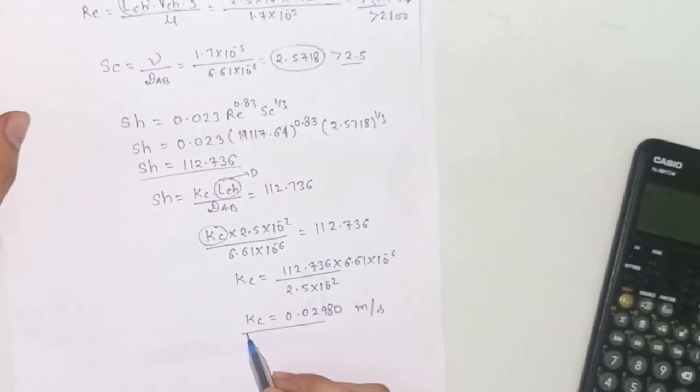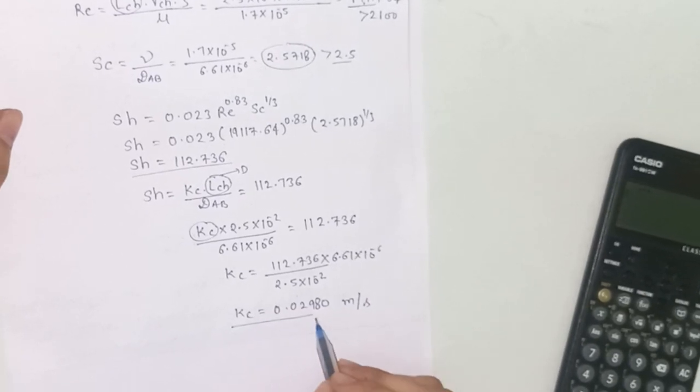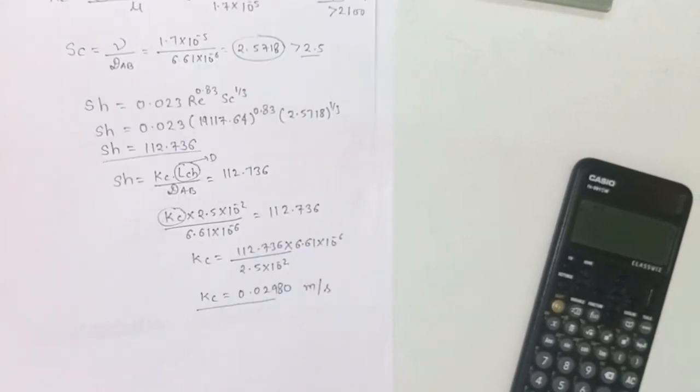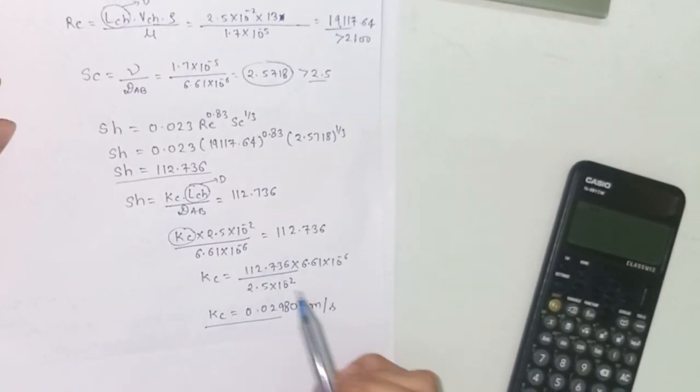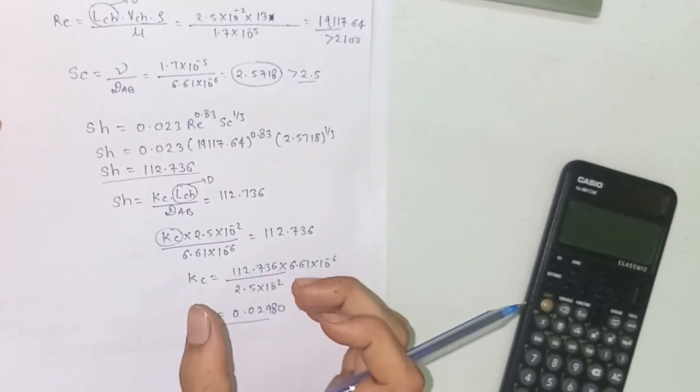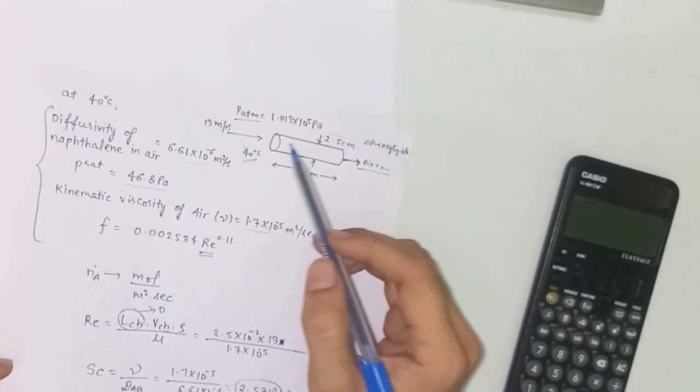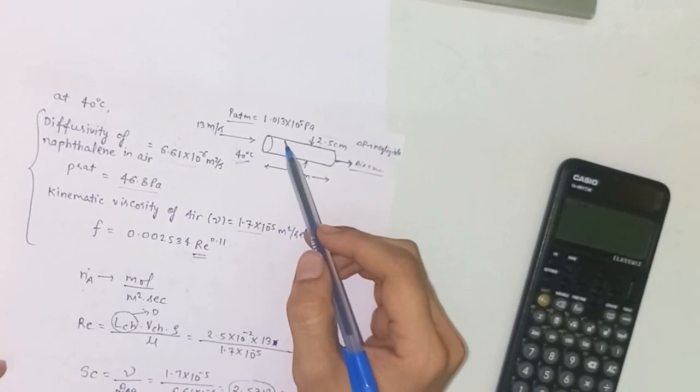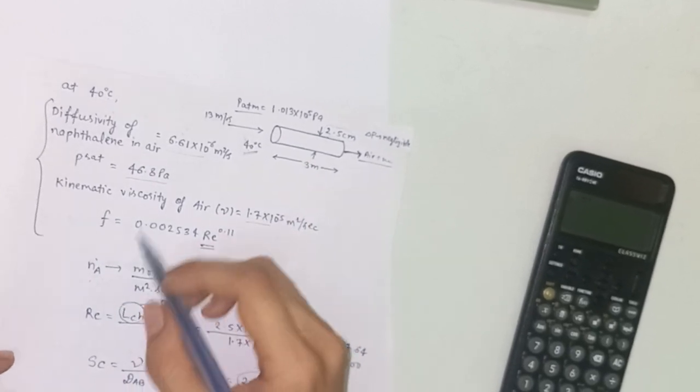Now we have calculated Kc, the mass transfer coefficient, which is an important parameter to calculate the molar flux. So now we need to find the concentration gradient between the air and the naphthalene concentration.